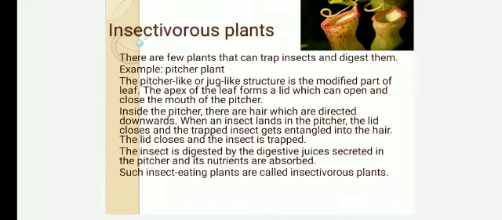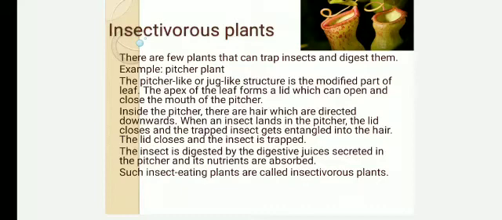When an insect lands in the pitcher, the lid closes, just like a bottle.